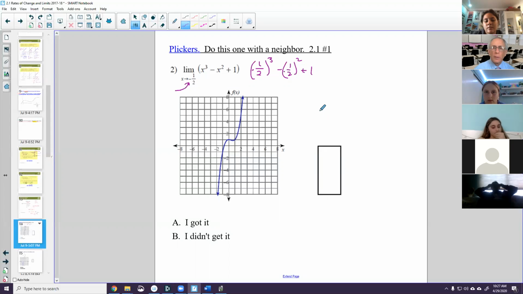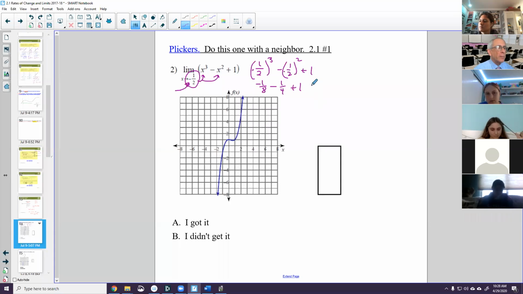Okay, so we're substituting. We're taking what we are approaching, and since it's a polynomial, we can just stick it in there for x. So -1/2 cubed would be -1/8, minus -1/2 squared would be +1/4, and then plus 1.